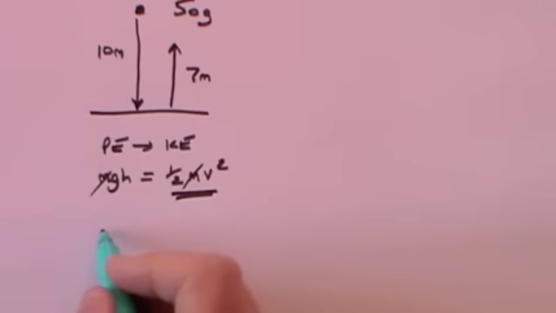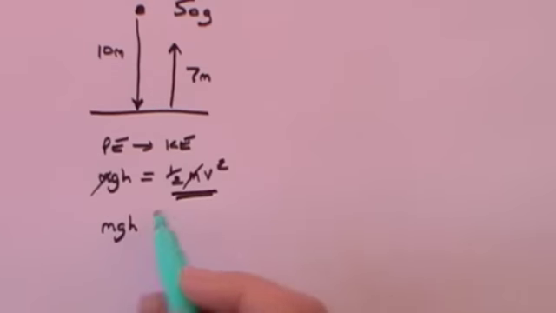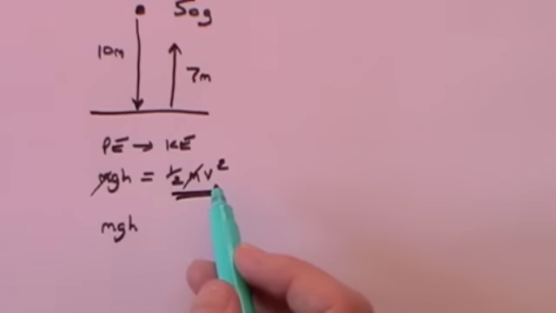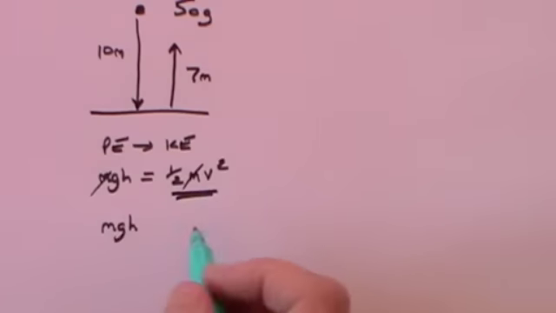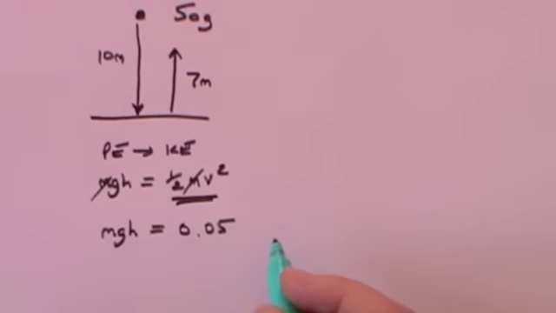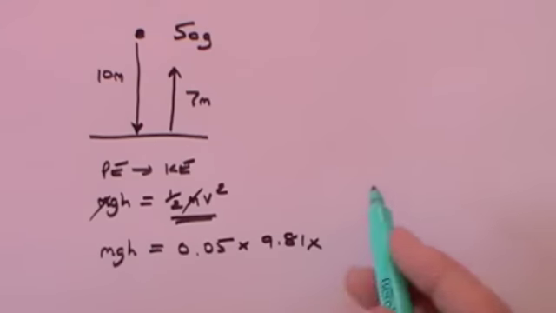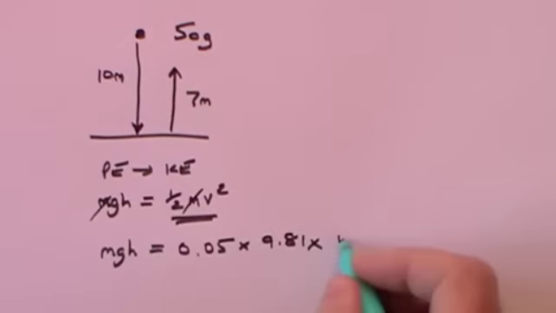So the kinetic energy will be mgh, because the potential energy will be wholly converted into kinetic energy, and mgh is the mass of the ball, which we have to express in kilograms. So that's 0.05 kilograms, multiplied by g, which is 9.81, multiplied by the height, which is 10 meters.